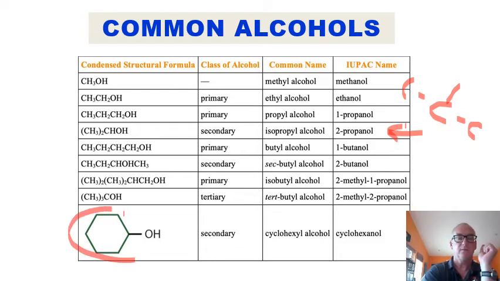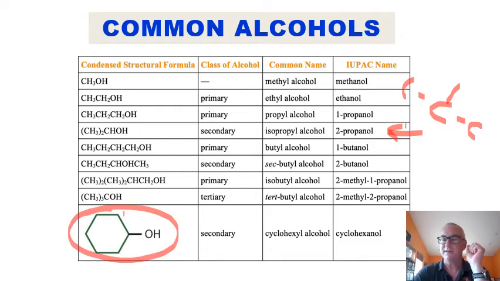And everyone should recognize this one, because we were naming those in our last test, cyclohexanol. And we don't have to give a number when we're dealing with a ring structure, because wherever the substituent is, that's assumed to be carbon 1. So cyclohexanol, we would say the hydroxyl group is at carbon 1.